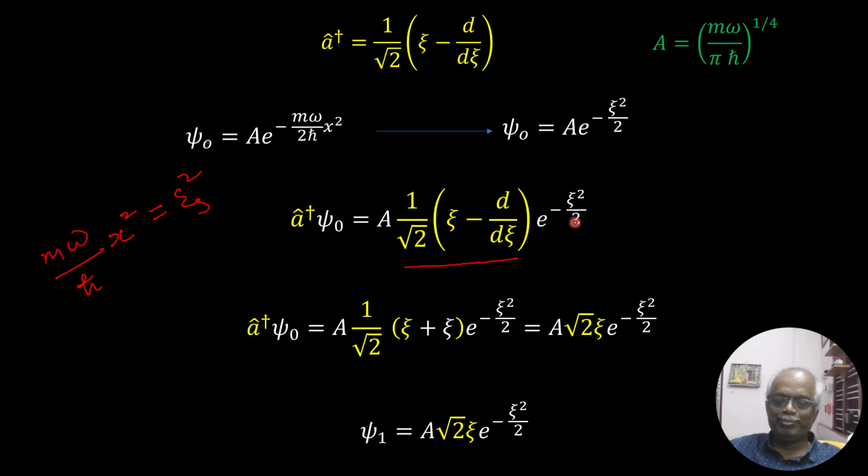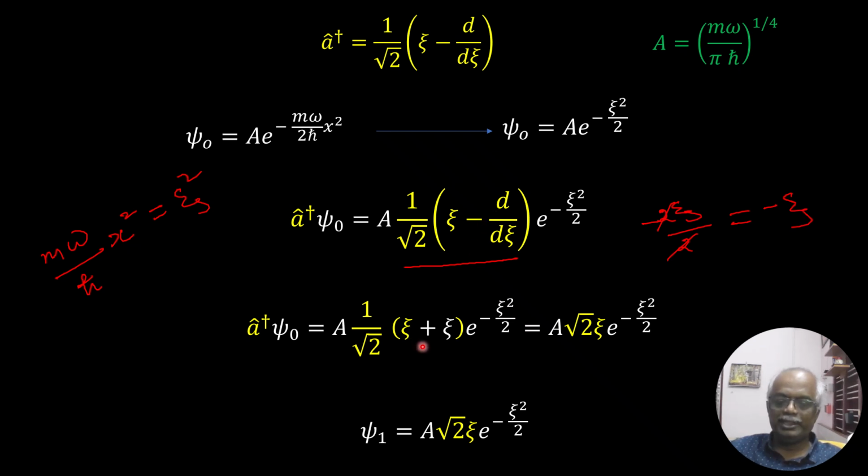So if you differentiate this exponential term, what you will get is minus 2z over 2. So the 2 will get cancelled. This will become minus z. So minus of minus will become plus.